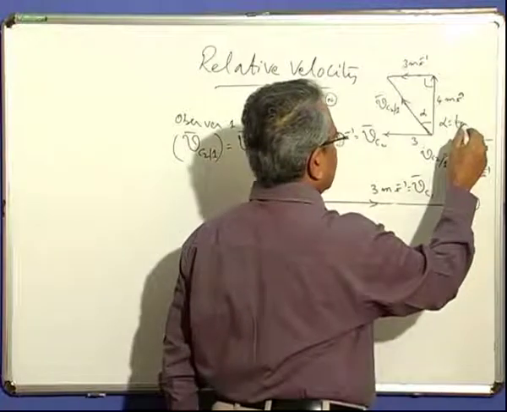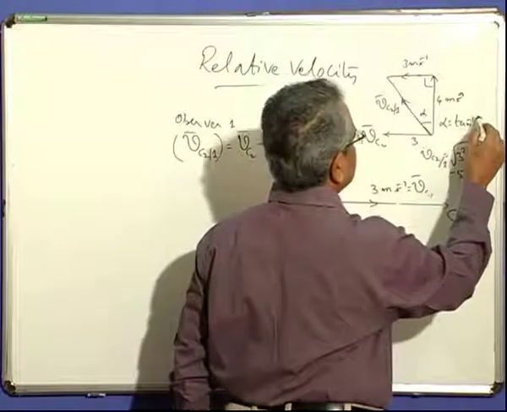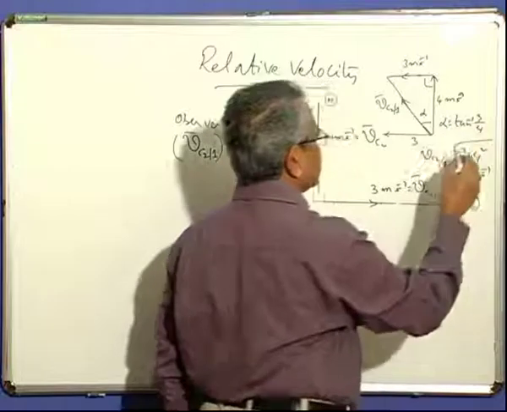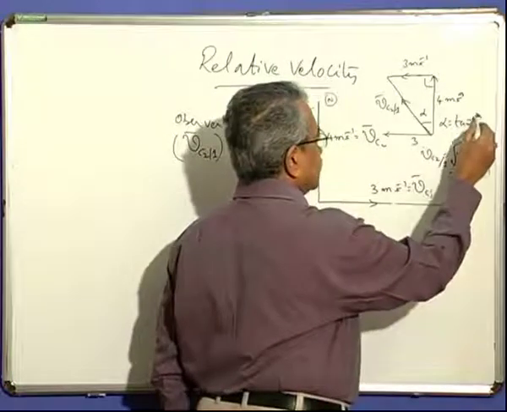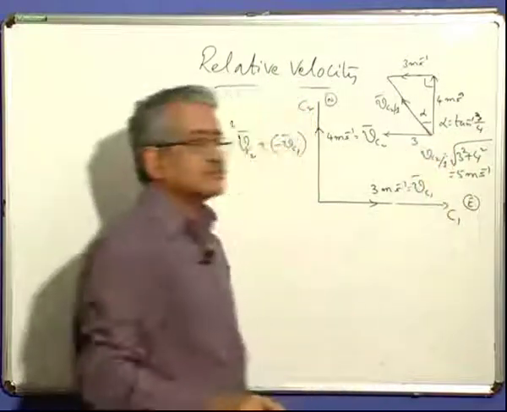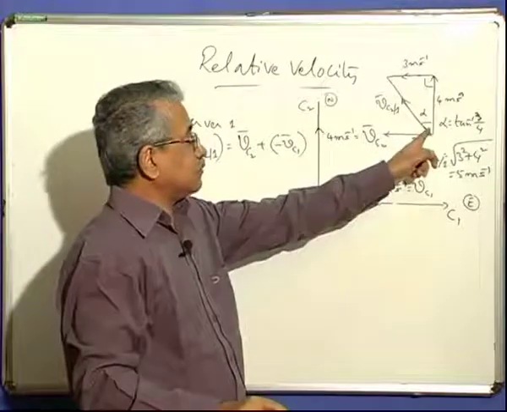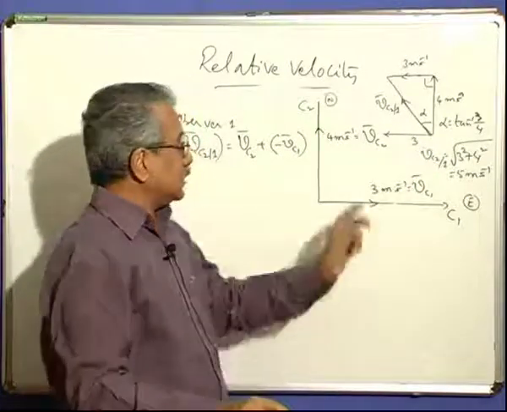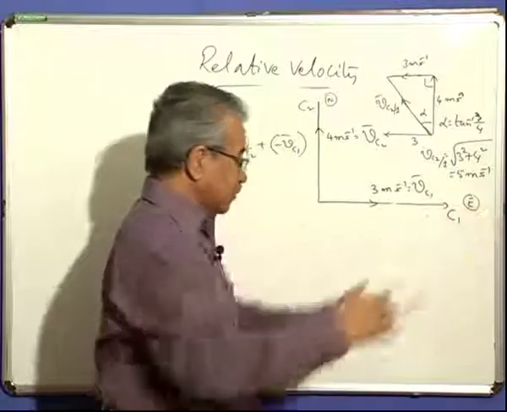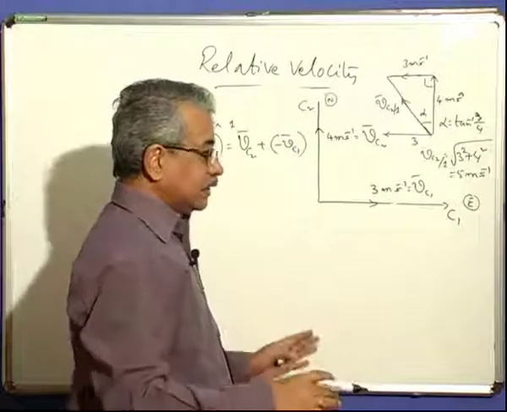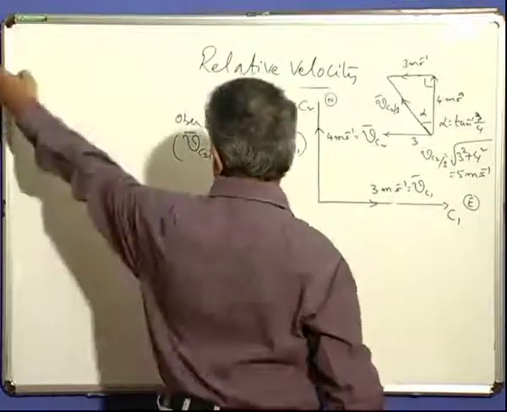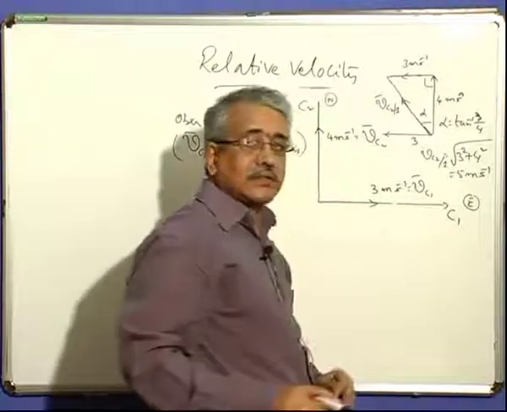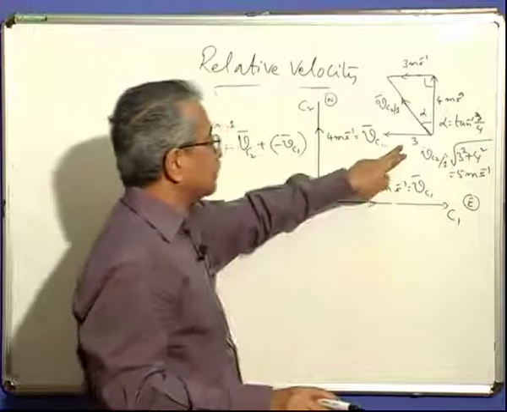Alpha is given by tan inverse 3 by 4. So it seems he is going like this, whereas the other fellow is actually going at right angles. If he looks at him, it appears as if he is going in the diagonal direction. So that is what this will tell you.